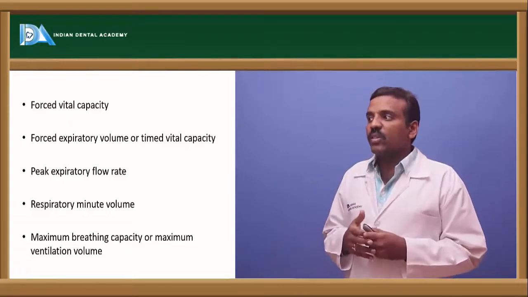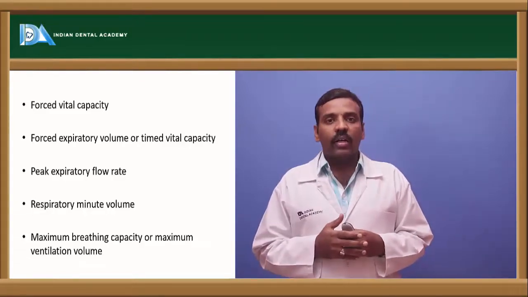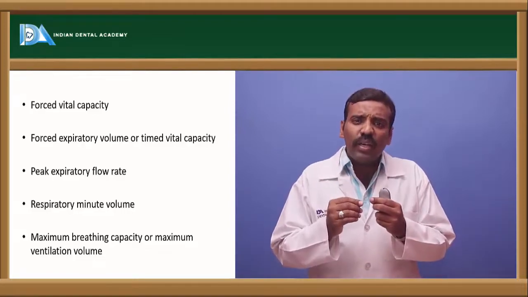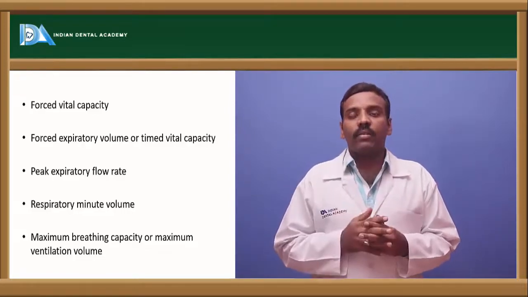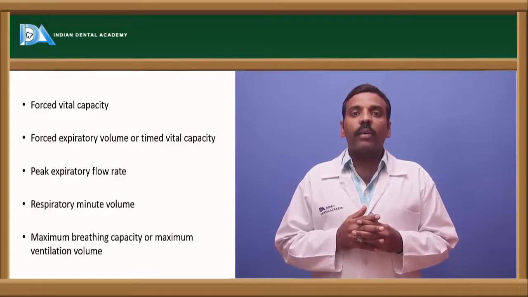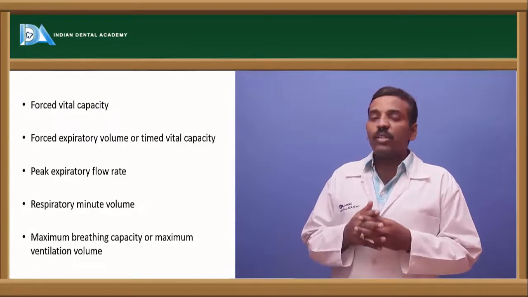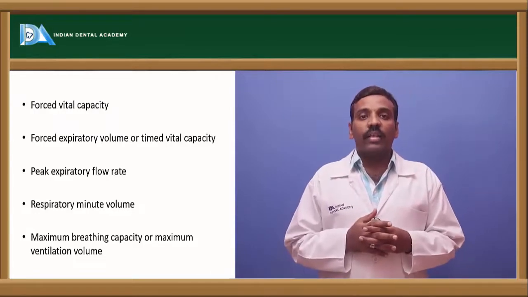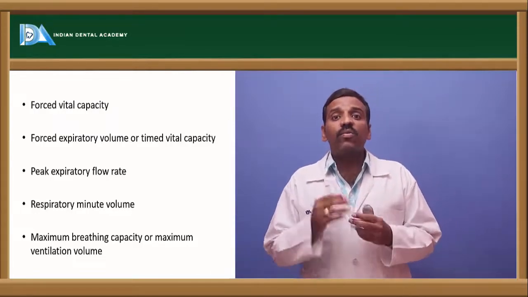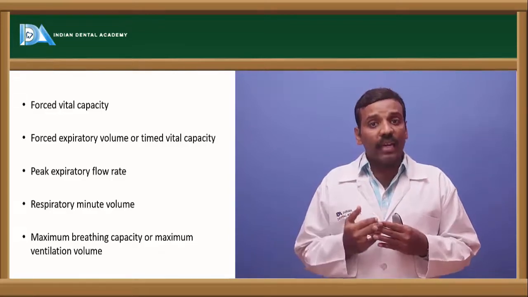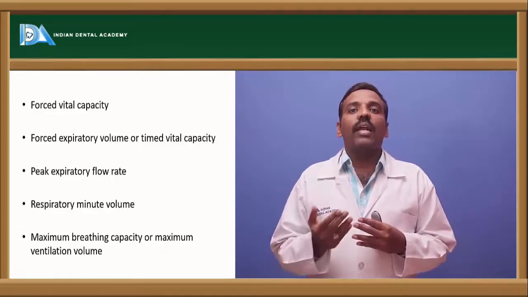And next one is peak expiratory flow rate. That means how much air we can expire within one minute. And next one is respiratory minute volume. That means within one minute, how much we are inspiring in and how much we are expiring out.